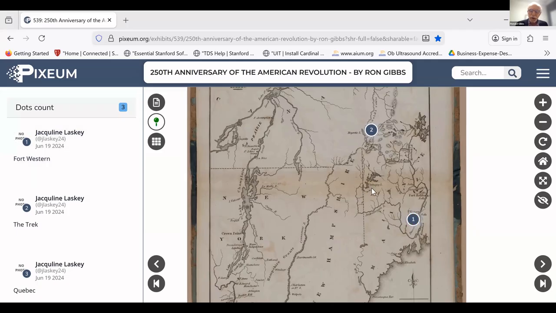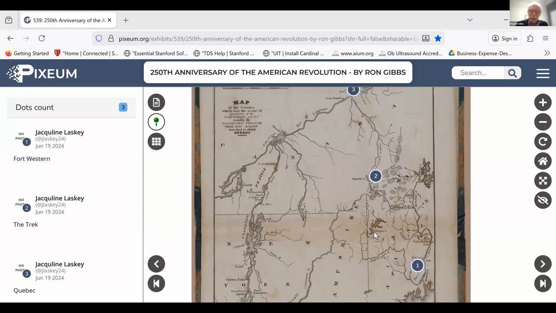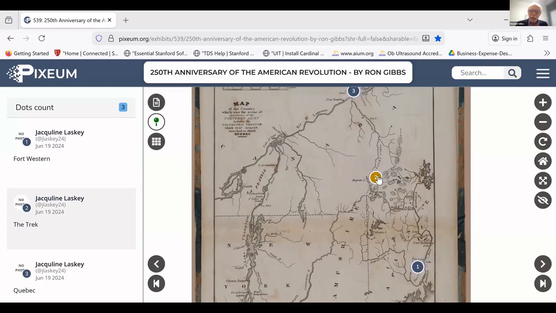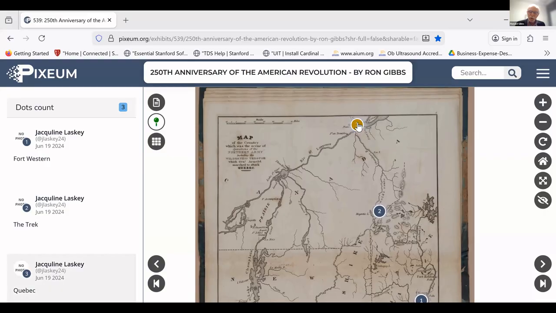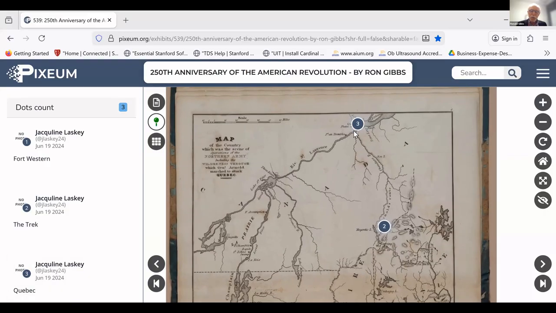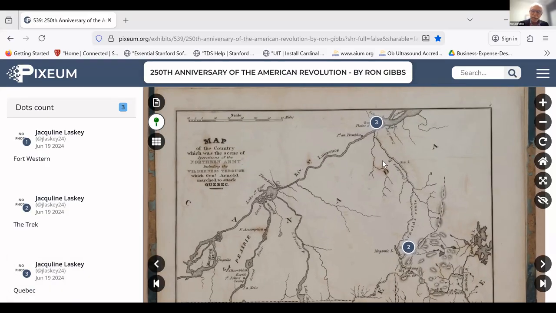They crossed over a height of land at dot number 2 through 300 miles of Maine and Canadian wilderness. They faced wintry weather, smallpox, and starvation, but 6 weeks later came out at dot number 3, just before the town of Quebec, the walled town of Quebec.